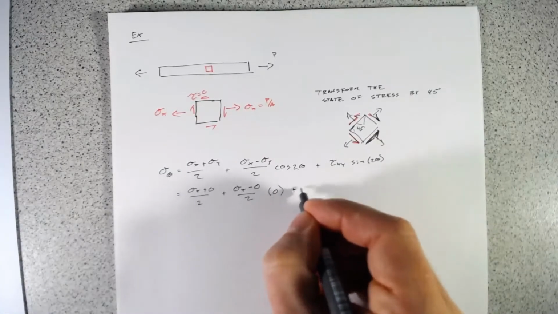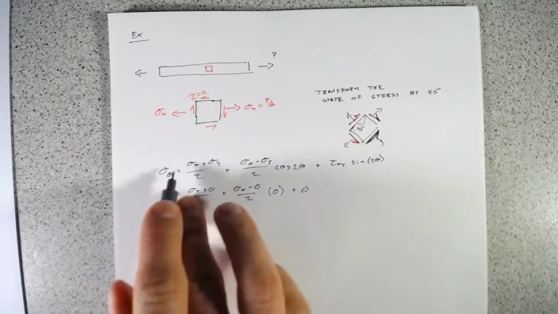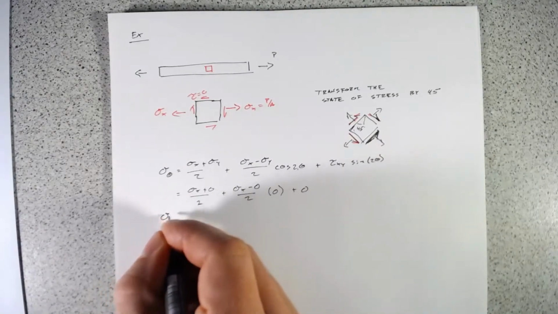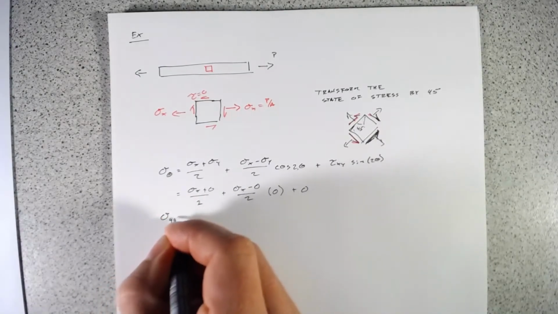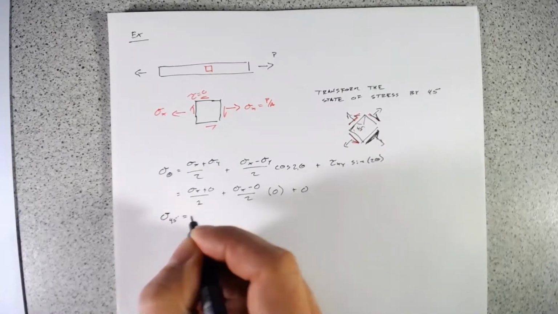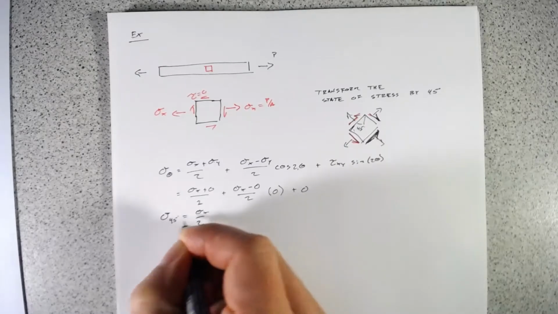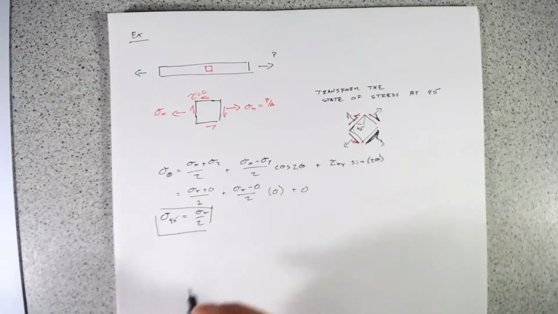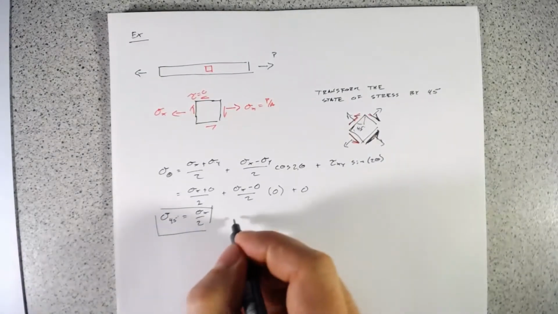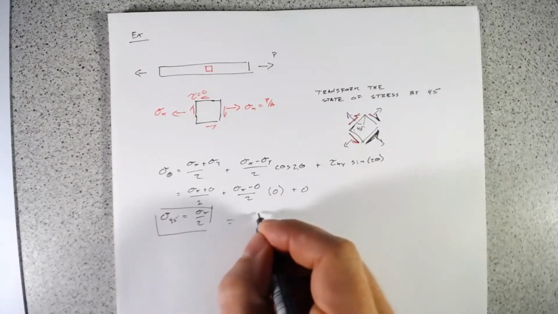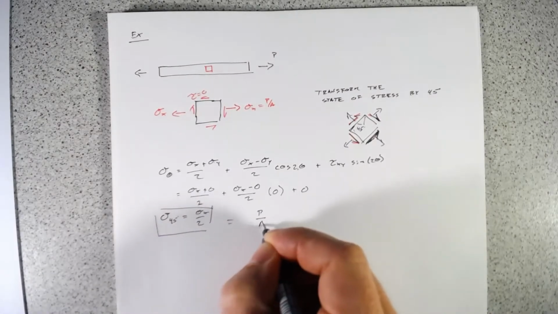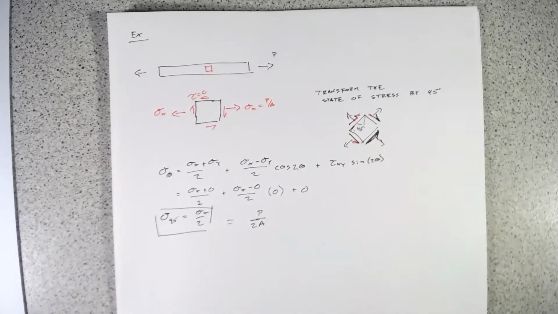And there's no shear stress, so that's also plus 0. So we find that our sigma at 45 degrees is just going to equal sigma x divided by 2, which is equal to P over A divided by 2.